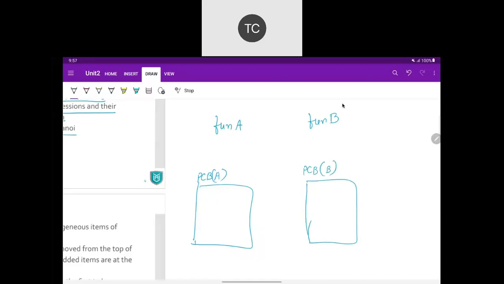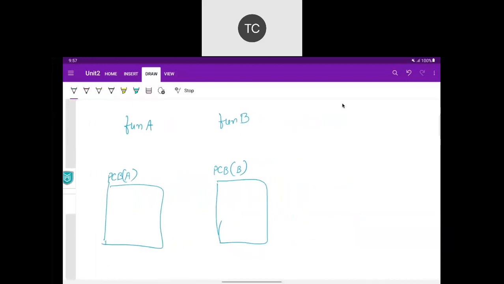Now, let's say you always start with main, right? Main is nothing but a function, so there will be a PCB for main also. When your function starts, the operating system is going to have its PCB. So your execution will start from main, and first a process control block will be created for main. Now what will be inside it?